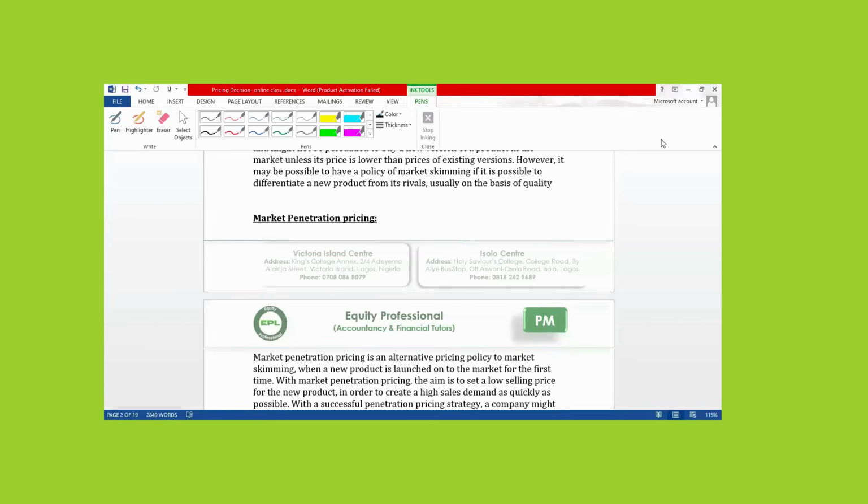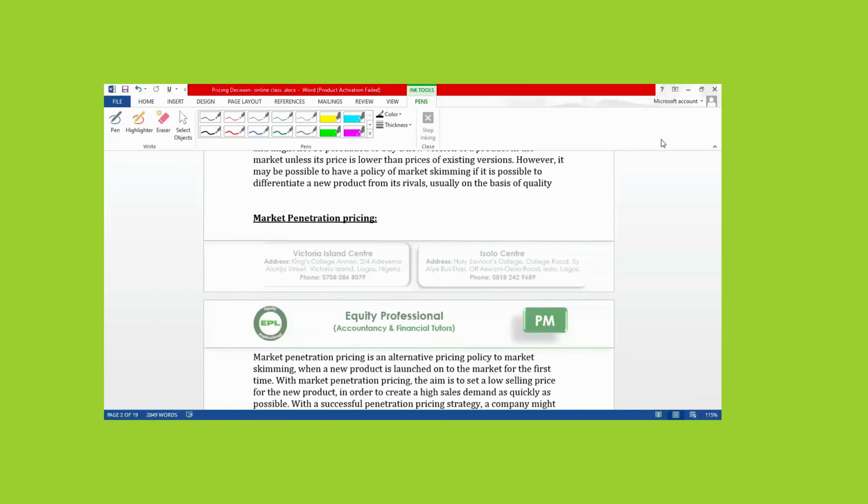You are charging a low price for your new product with an objective to penetrate that market. You want to capture the market, obtain higher sales volume, and control the market. You want all the customers to come to your products.